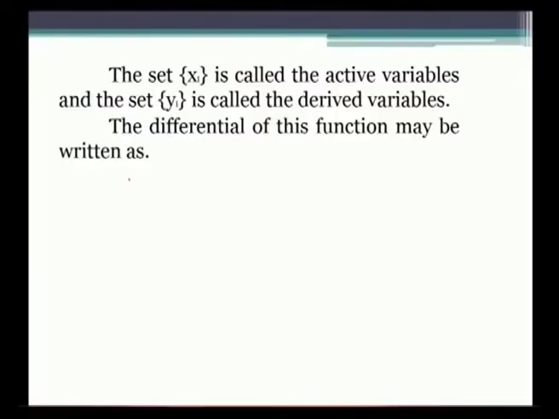So, here in this Legendre transformation, the set x_i is the active variable, y_i is the derived variable and t is the parameter. So, the differential of this function can be written like this.